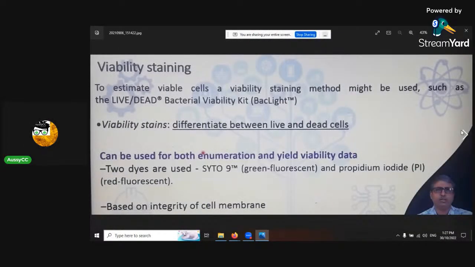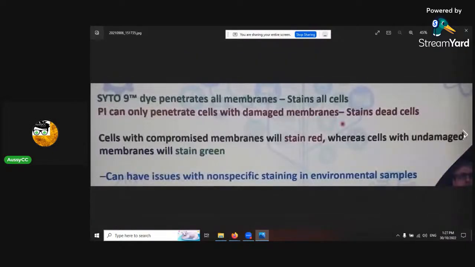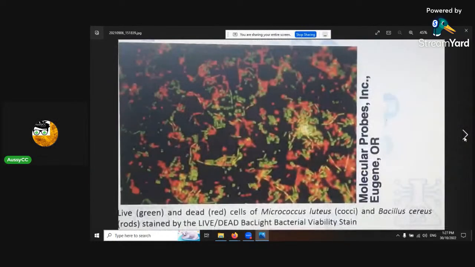Viability staining. Yes, two dyes are used, to see which ones are dead or alive, which ones penetrate the cell or not. Your SYTO 9 dye penetrates all membranes, stains all the cells, but PI only penetrates damaged cells, meaning the dead ones. So that's an easy way to see the viability.